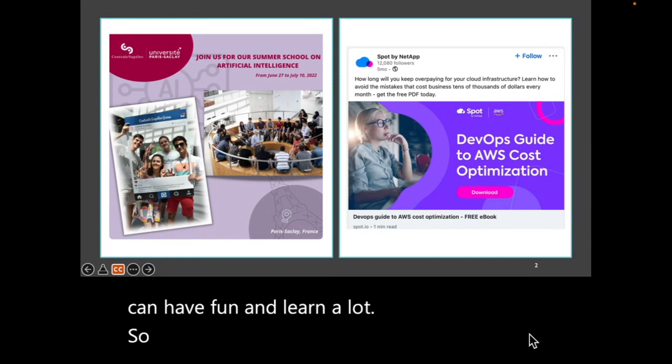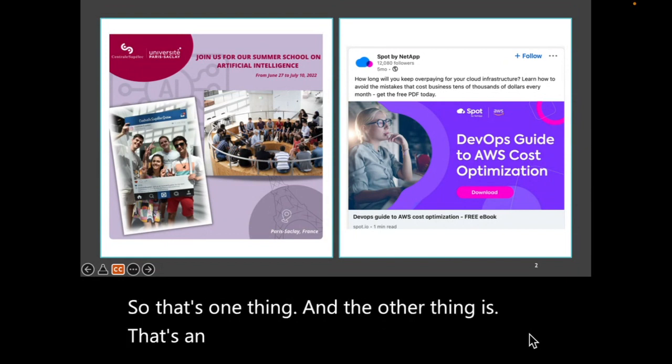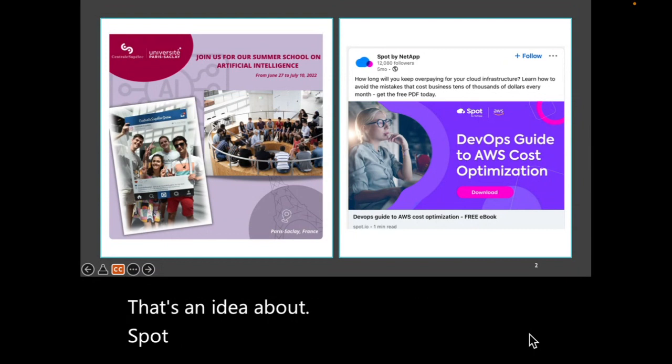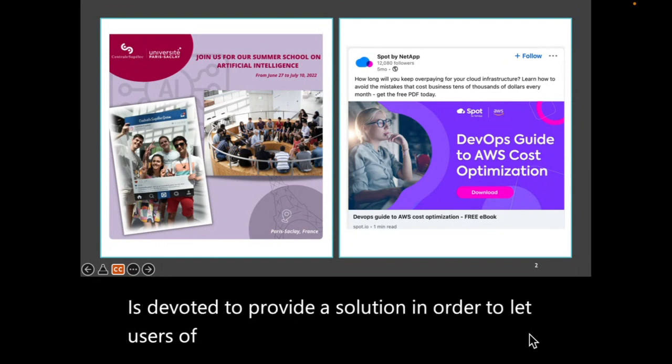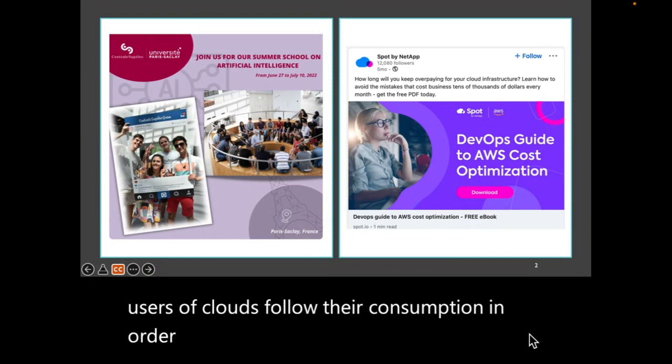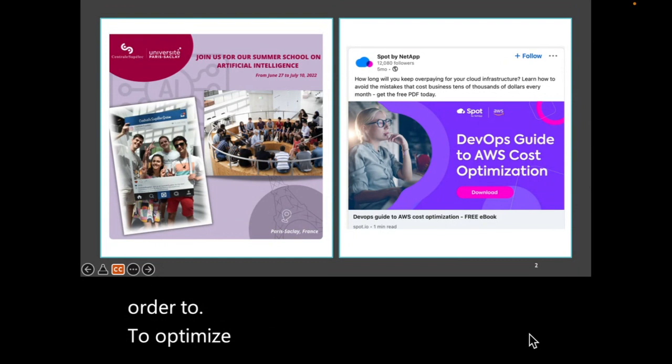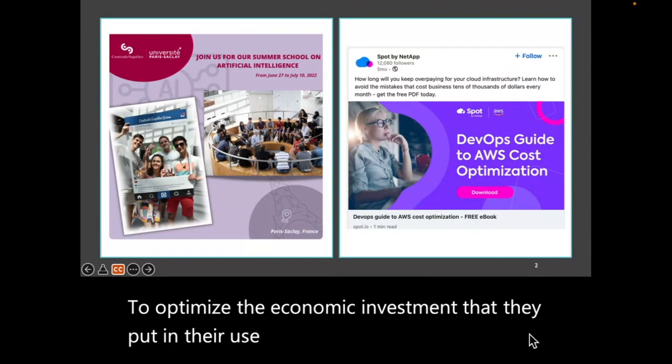That's one thing. The other thing is an idea about Spot by NetApp. NetApp is a company devoted to providing a solution that lets cloud users follow their consumption in order to optimize the economic investment they put into cloud services.